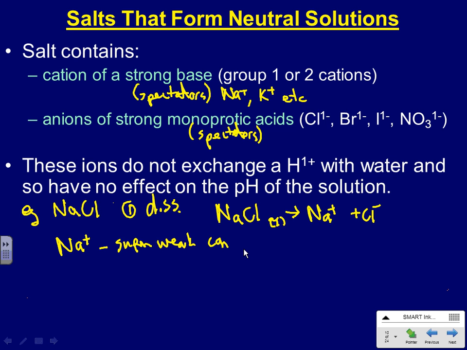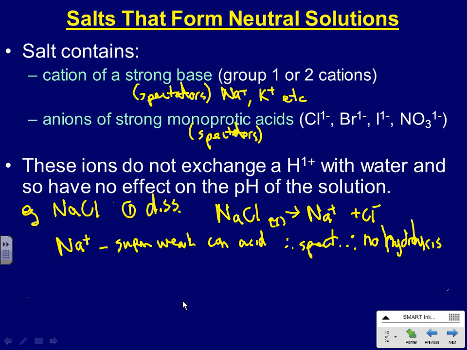Remember, it cut across? It's a super weak conjugate acid. Therefore, it's a spectator. Nothing. If it's a spectator, therefore, no hydrolysis.